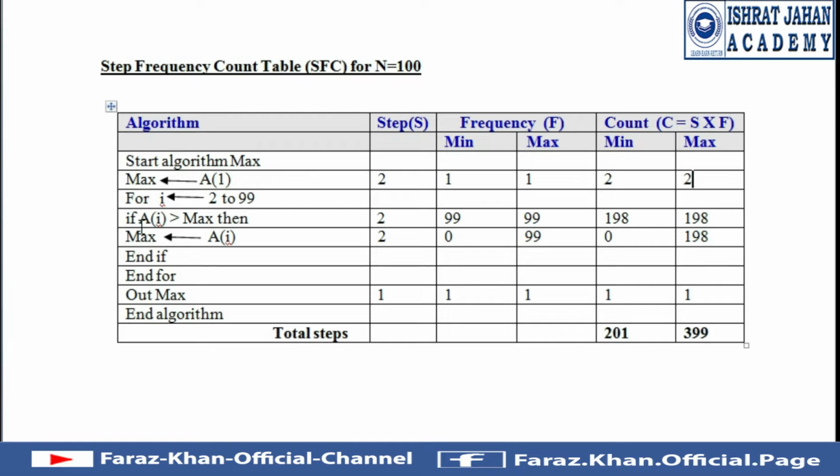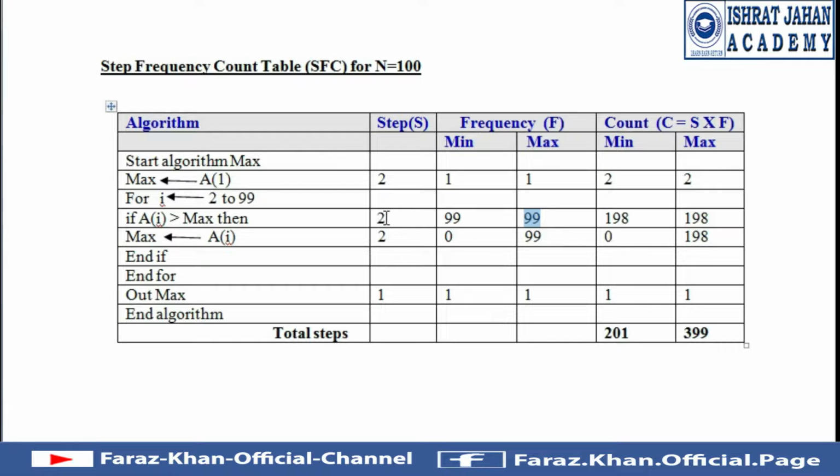So the same process. This time the loop will run from 2 to 99. Again the same process, maximum is the identifier number 1, A into I the identifier number 2. Now again it will take 99 steps in minimum, and it will take 99 steps in maximum, because it will take n minus 1 steps.